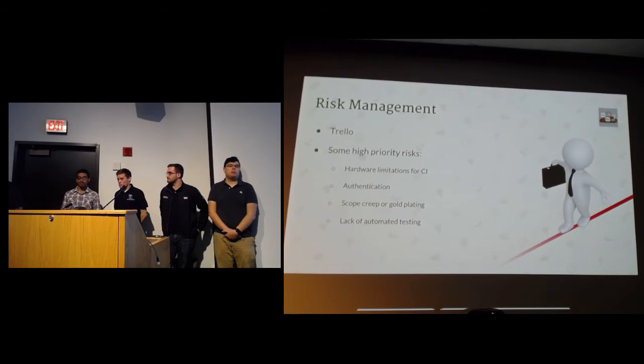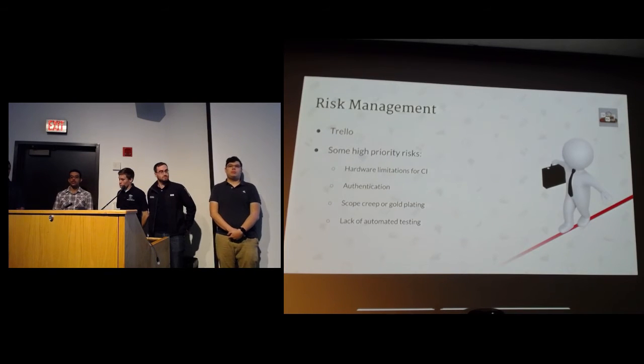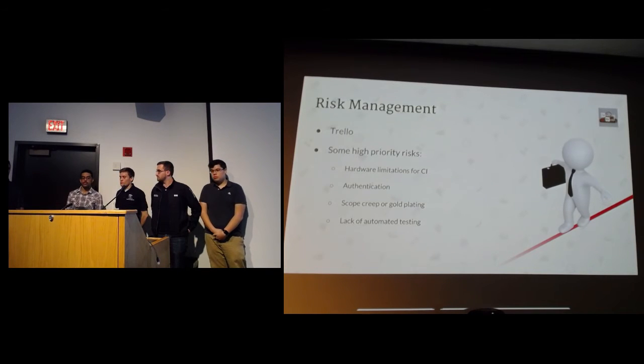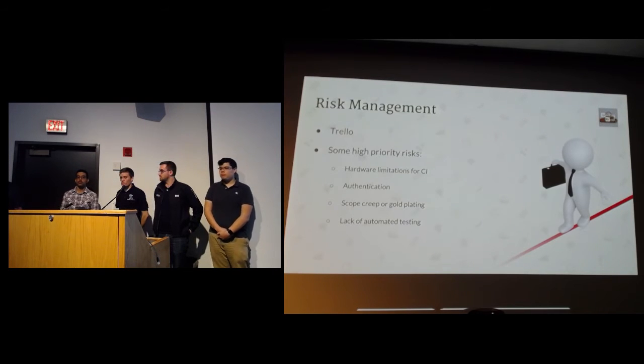And then of course the issue of potential scope creep or gold plating throughout the project. There's always the issue of adding more features versus finishing the project on time and pushing out a complete product. And currently there is a lack of automated testing, something which is being addressed.